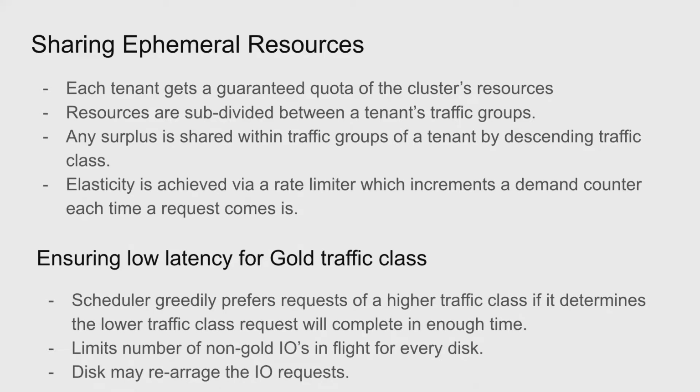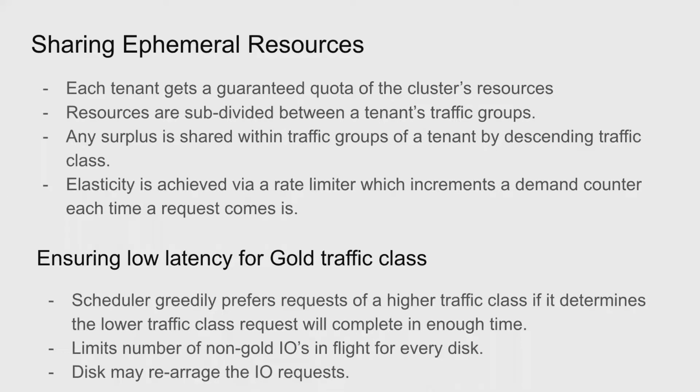Elasticity of resources is achieved via a rate limiter, which increments a demand counter each time a request comes in. The rate limiter implements a modified version of a leaky bucket algorithm. Each time a request comes in, the client library checks for capacity in its own traffic group.